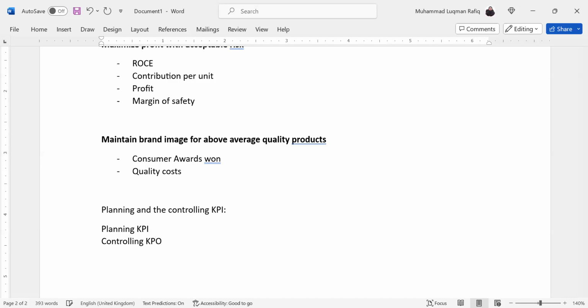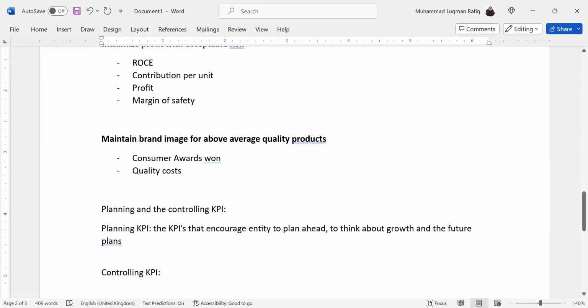Planning KPIs are basically the KPIs that encourage the entity to plan ahead, to think about growth and the future plans.